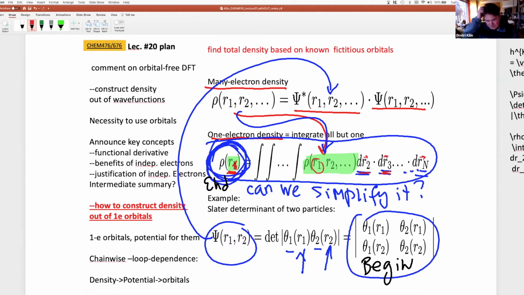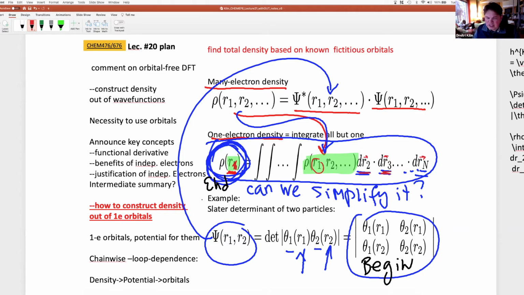So I'm going to practice this idea, but for a simplified case, when we have only 2 electrons and 2 orbitals.